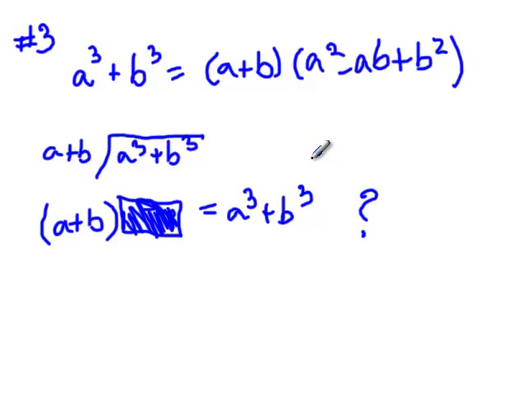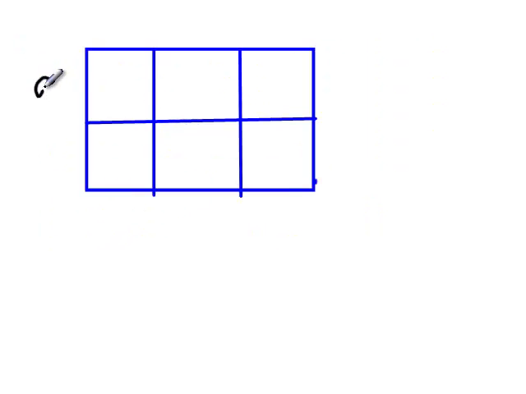And there's a handy little technique we can do to see that. Let's imagine we have a product (a plus b), and we want to multiply it by something, some long expression, so that our final result is a cubed plus b cubed.